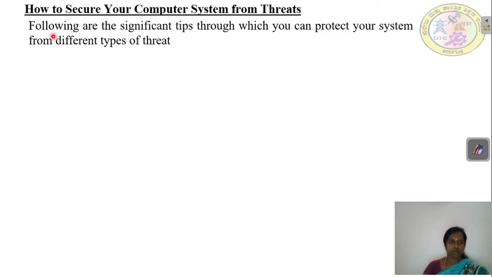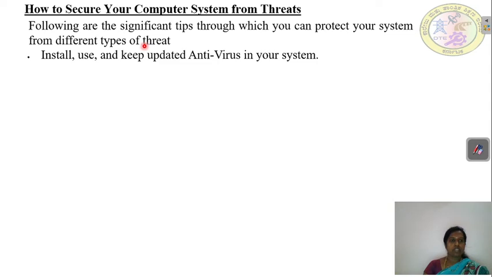Next, we move on to how to secure your computer system from threats. Some of the following significant steps need to be followed to protect a computer system from different types of threats. First one, install, use and keep updated antivirus in your system. Install necessary antivirus software to your system.